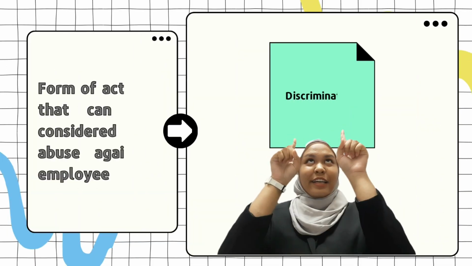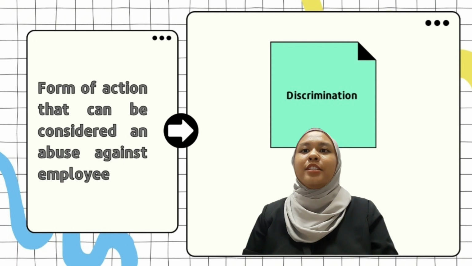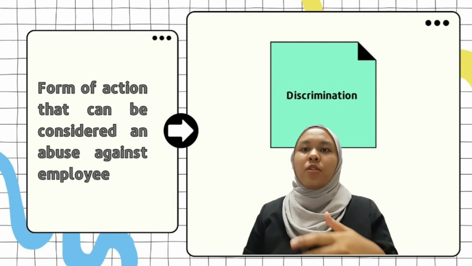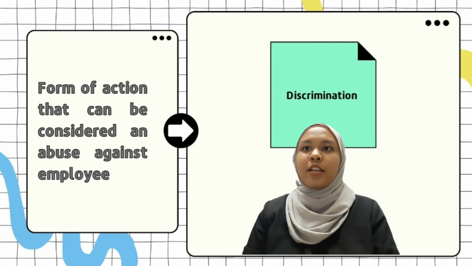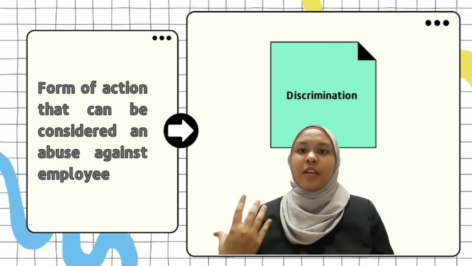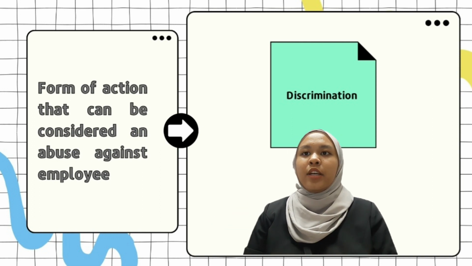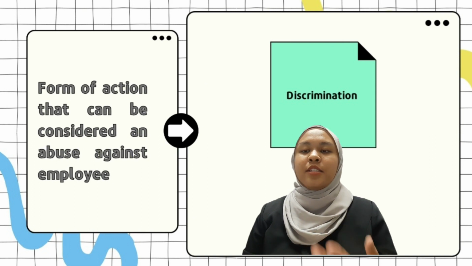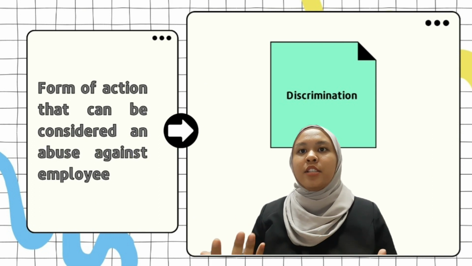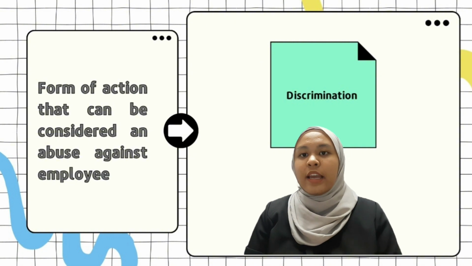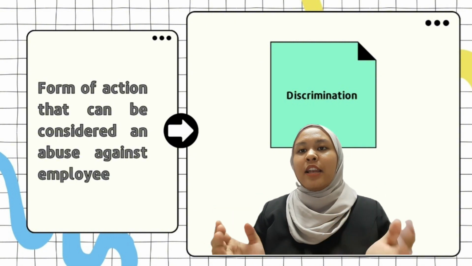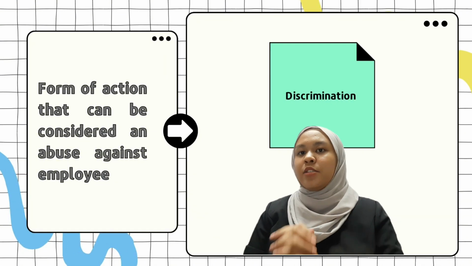So lastly, discrimination. Discrimination in the workplace happens when a person or a group of people is treated unfairly because of specific characteristics. This includes race discrimination, religious discrimination, disability discrimination, age discrimination, and lastly sex and gender discrimination.